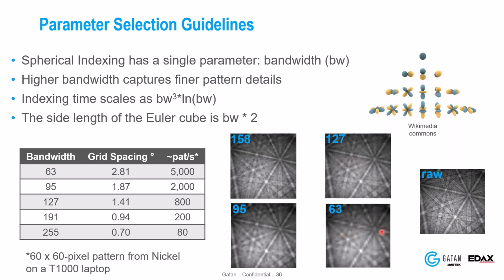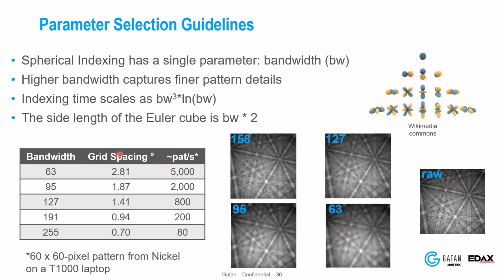So you can see at a bandwidth of 63 the pattern detail quality that's available. And we step up to these different values to get an idea of what the pattern looks like with that different bandwidth. The indexing time scales with this bandwidth value. And so you can see here at different bandwidth settings, the different speeds we get.